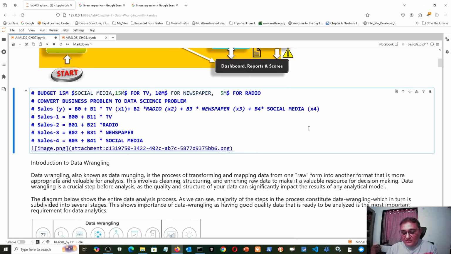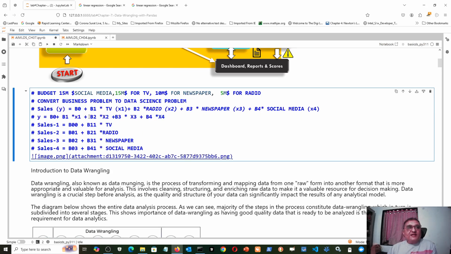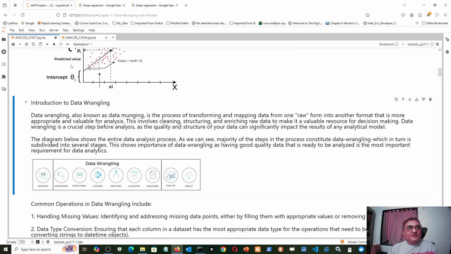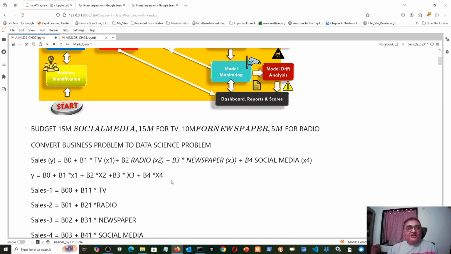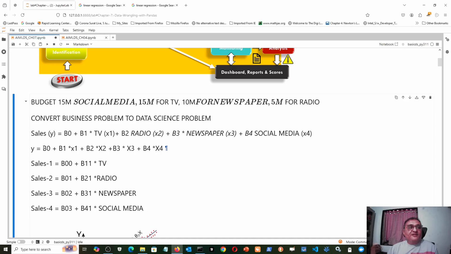So you have reduced the whole problem into a mathematical equation. Y for sales is equal to some constant B0 plus B1 X1 plus B2 X2 plus B3 X3 plus B4 X4, where B0, B1 and so on are constants which are not known, of course, and X1, X2 and so on are the respective marketing budgets in the four marketing channels.